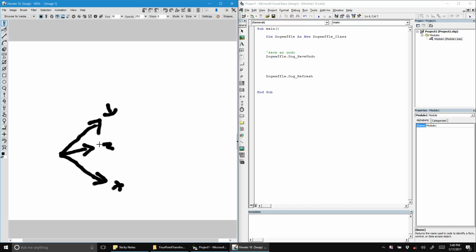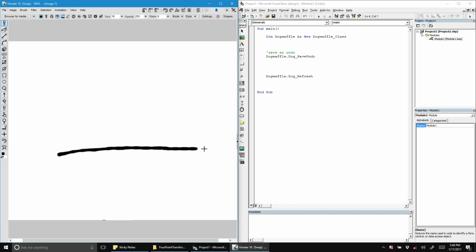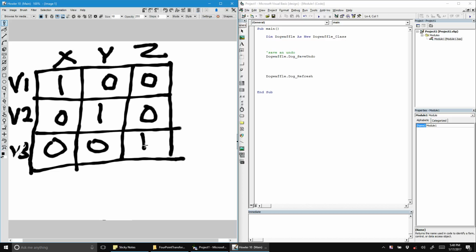We may not call them that, but anyways, we may rotate it and scale it so it's like this really big thing going way off screen. Or we could shear it, where the X would stay the same, but the Y and the Z would both be askew. And those are some of the kind of things we can do with matrix math.